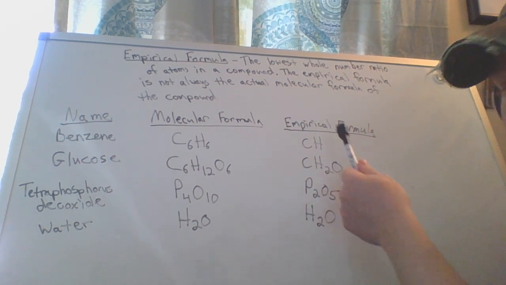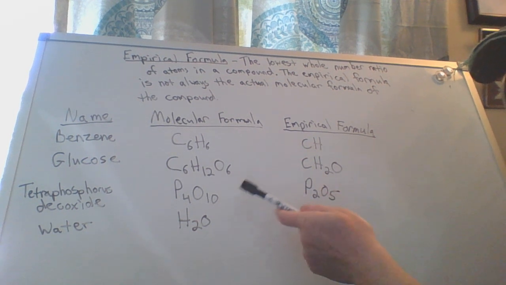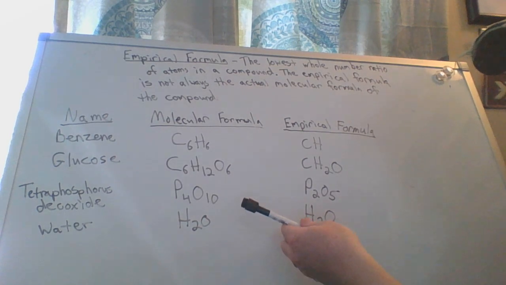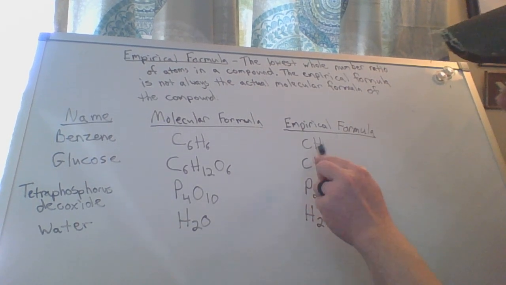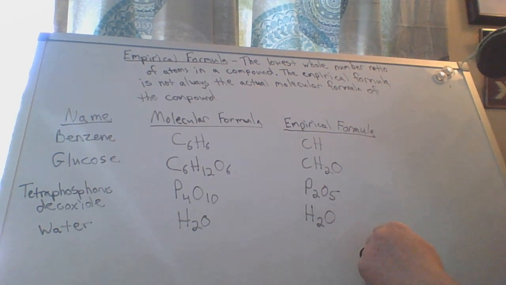Basically, it's a whole number ratio, but it's simplified. It's not necessarily what the actual structure of the chemical is. But empirical formulas are important because they tell us the simplest, smallest whole number ratio in a particular compound.